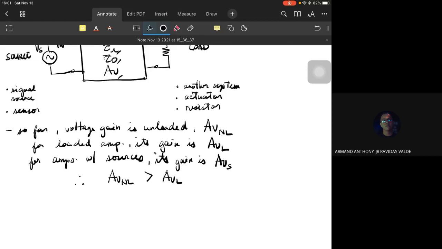So having said that, the effect of the load to the system is it significantly lowers the value of its gain. So kung butangan na to og load ang atong amplifier, maapektuhan iyang gain. Okay? Same gyapon ang effect if connect ta og source. Again, significantly ma-reduce ang overall gain sa system if included na ang source and ang load. No?